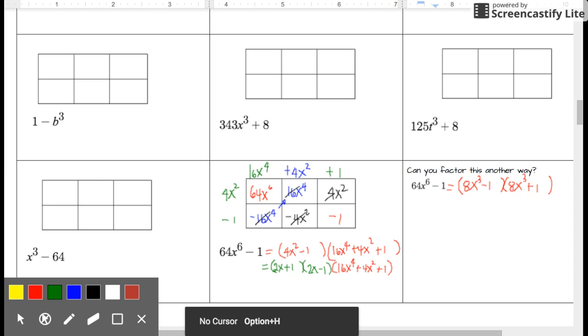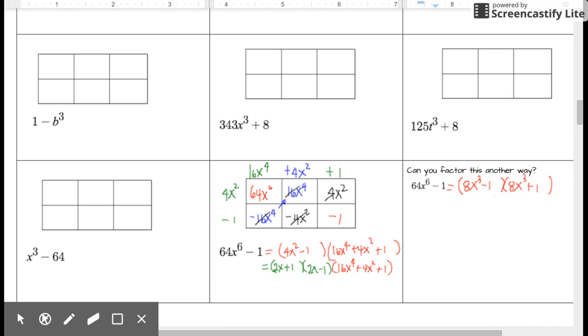But we notice that 8x cubed is a perfect cube and 1 is a perfect cube. Therefore, the first factor is a difference of 2 cubes, and the second factor is a sum of 2 cubes. And because they are such, we can still factor each one of them.